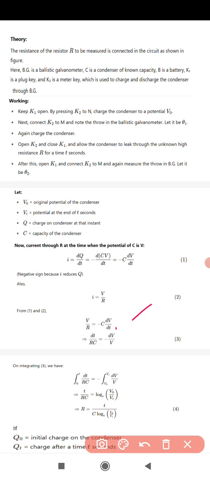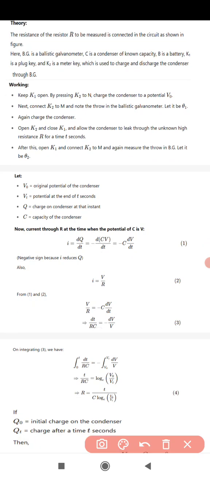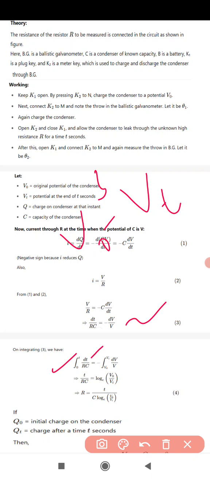Rearranging this equation, dt by RC equals minus dV by V. Integrating this equation, with t from 0 to T, and V changing from V0 to Vt, we have the integral of dt by RC equals minus the integral of dV by V. Here 1 by RC is constant. Integration of dt is t, with limits from 0 to T.